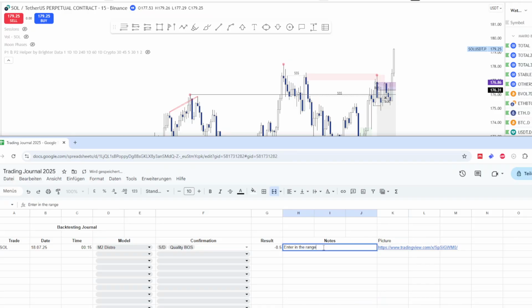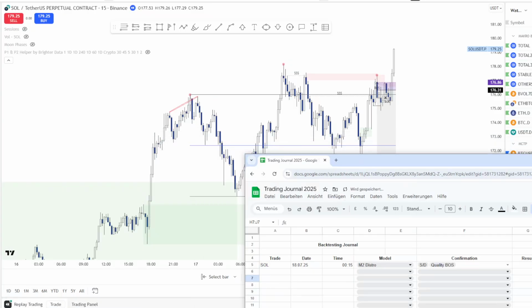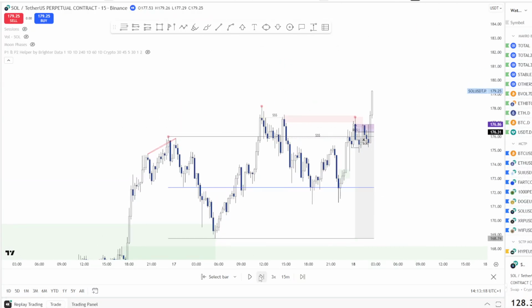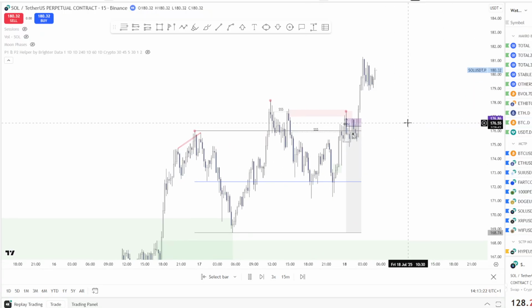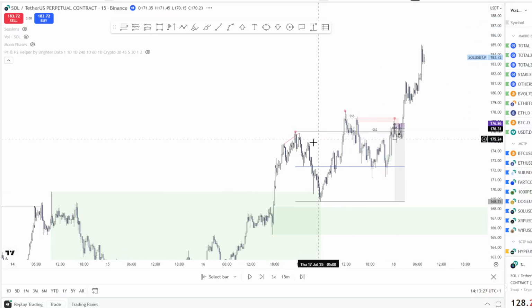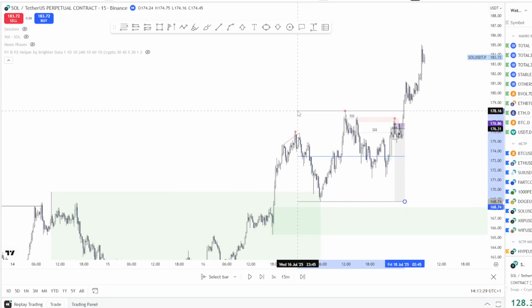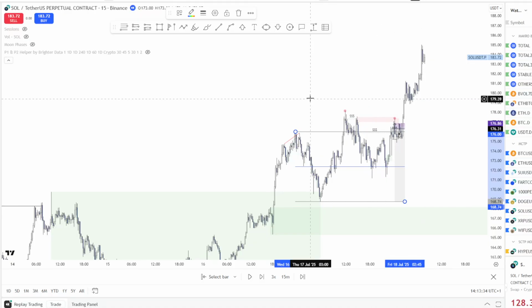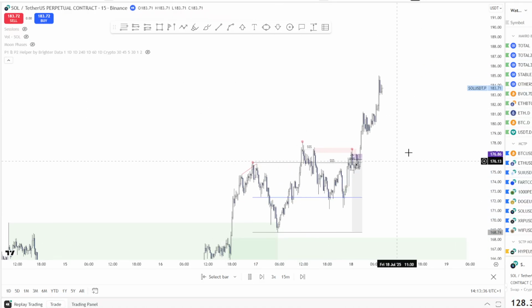Yeah, enter in the range, wait for a high quality breakout structure. Yeah, okay, and let's keep going. This also could have been a model 1, but yeah, we did not manage to break any structure here. So let's keep going.